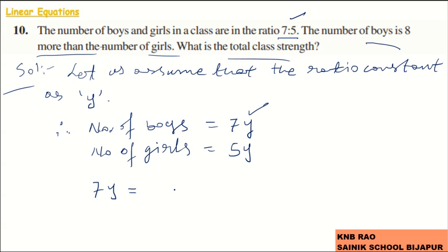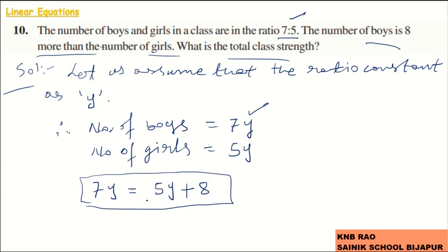And here boys are more in number. So, 7y is the number of girls plus 8, as they say the number of boys is 8 more than the number of girls. So, this forms a linear equation. Further, we will solve it.